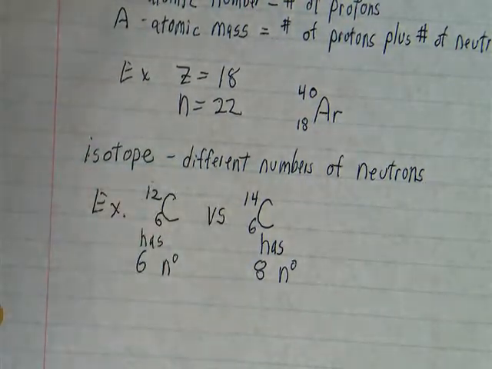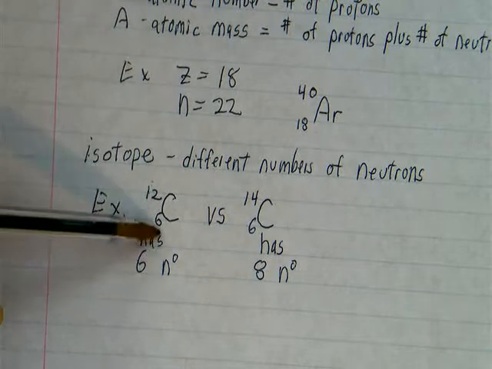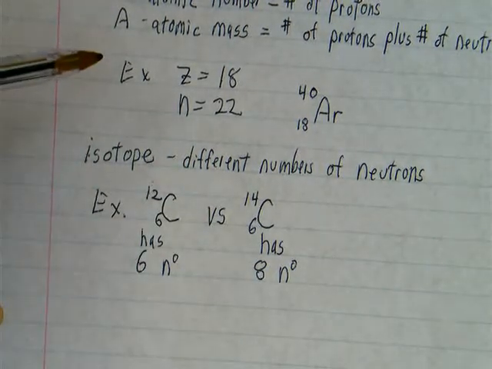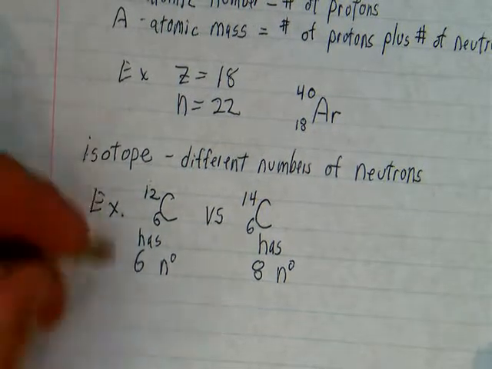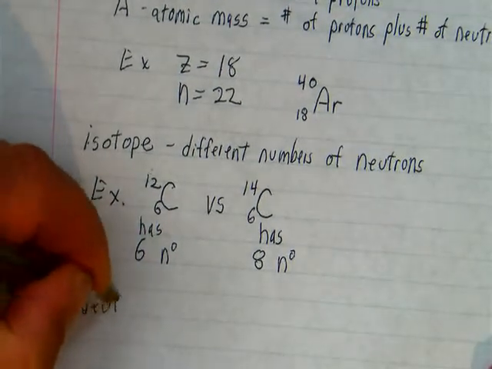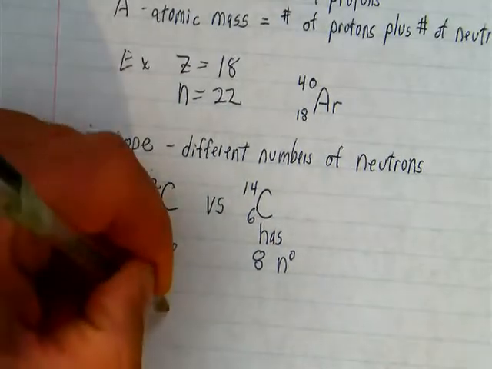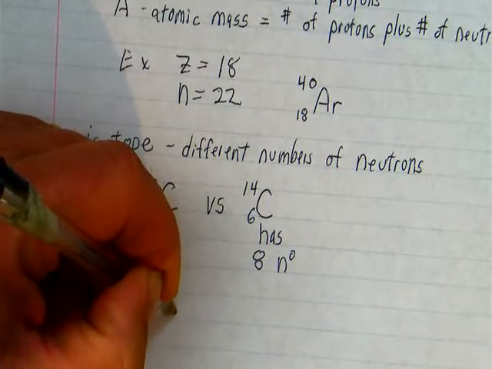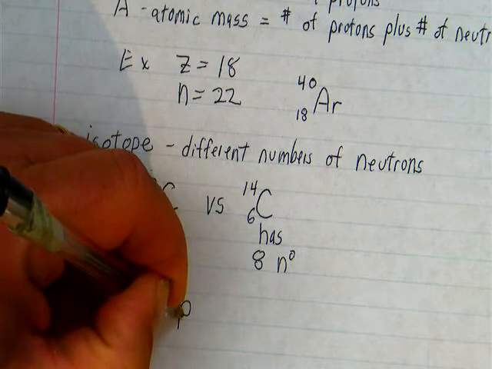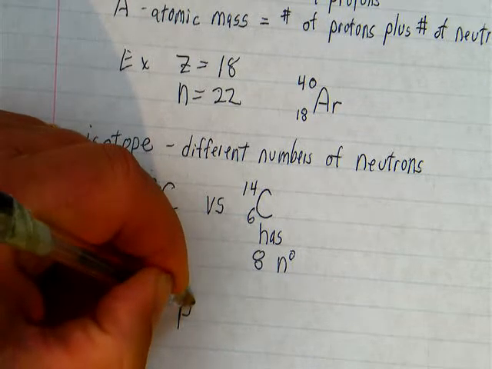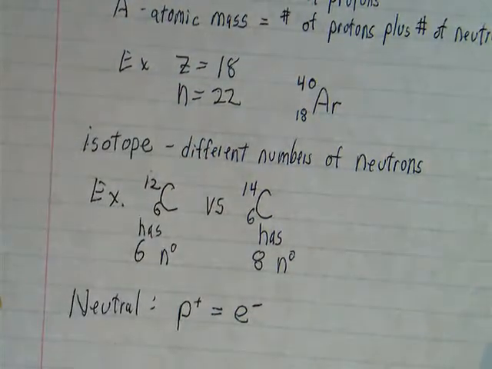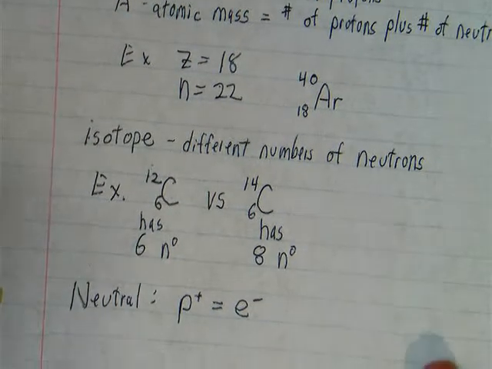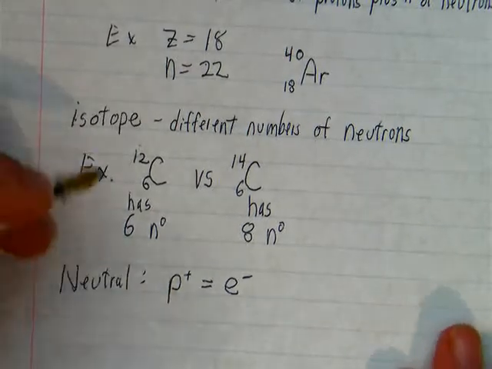These are different isotopes. Now, in both of these atoms, we're treating them as neutral. And a neutral atom has the number of protons equal to the number of electrons. If they are not equal, we call that an ion.